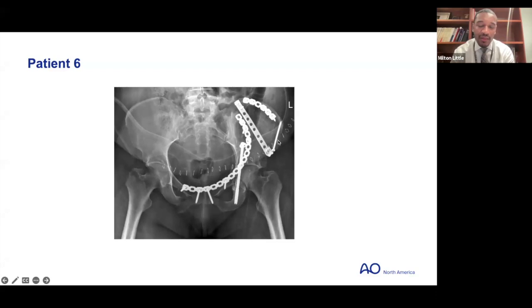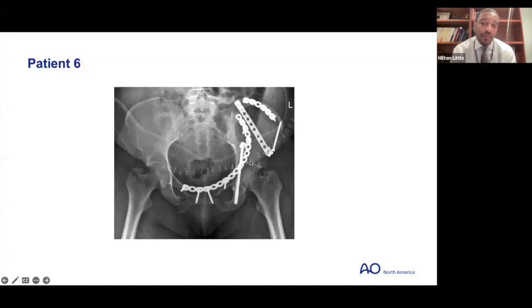I know that I don't want to lock up one side completely until I'm happy with my alignment, so thinking about the right side, I'm going to go to that a little bit later. I know I have nice reads for my iliac wing, as well as for my ASIS, so I'm probably using some small pointed reduction clamp to bring those together.